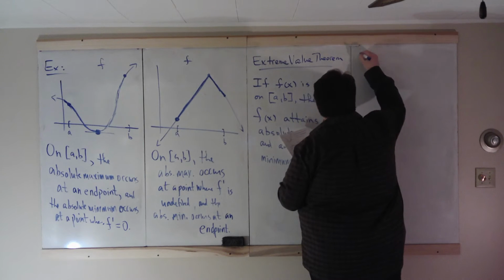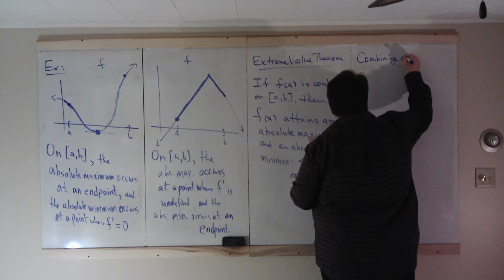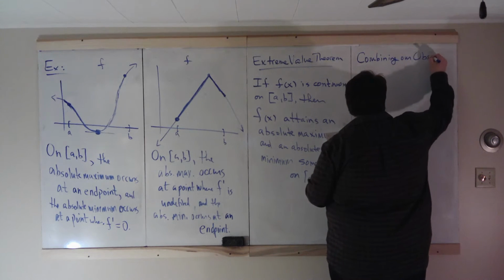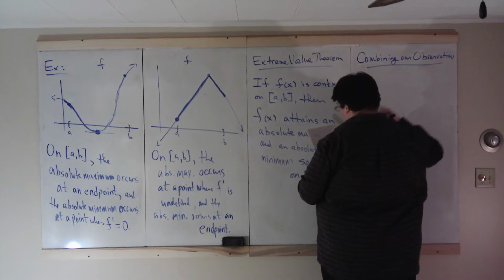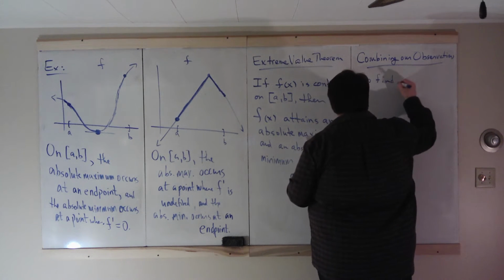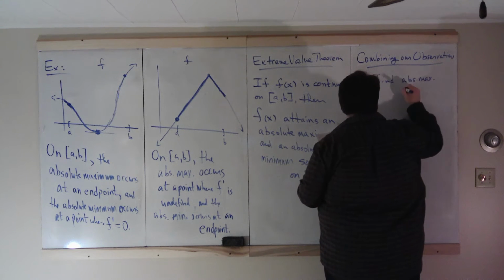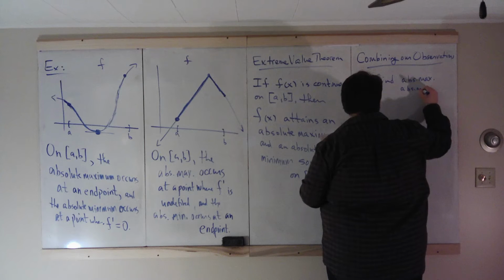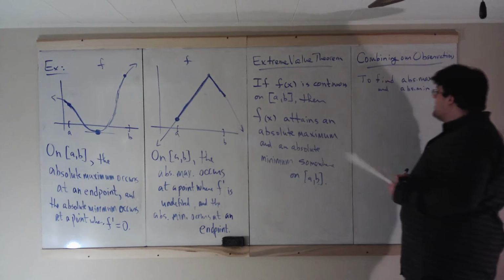So combining our observations and examples, to find the absolute max and absolute minimum of f of x on A to B, there are a few different things we need to do.